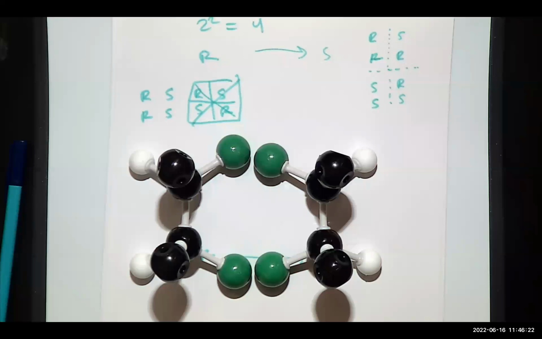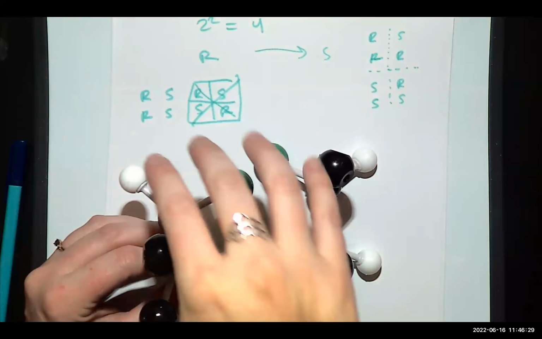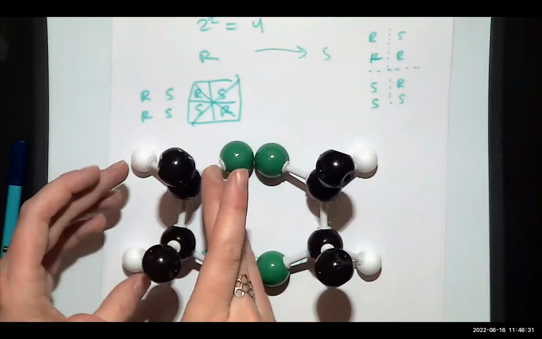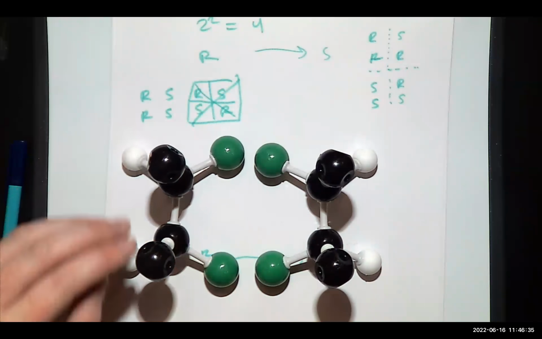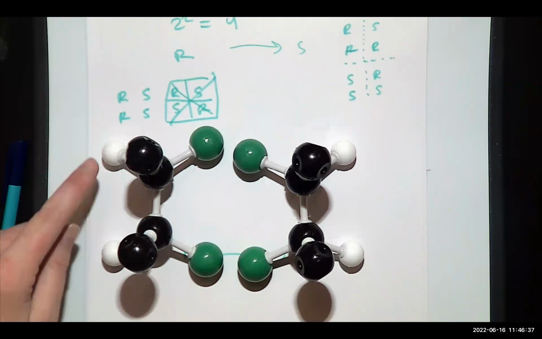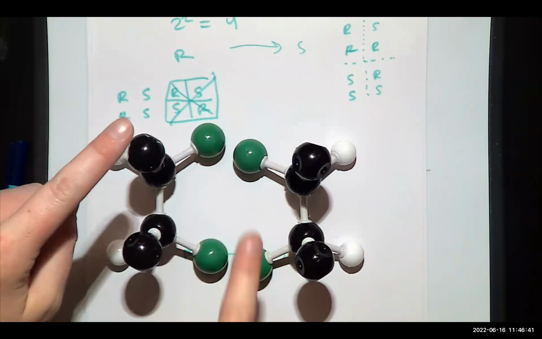Thank you for that. Okay, so when I'm looking to see if something is a meso compound, the things I look for are: are the things attached to chiral center 1 and chiral center 2 the same? You can see here, chiral center 1 has a hydrogen, some kind of halide, we'll just call it fluorine, and carbon.